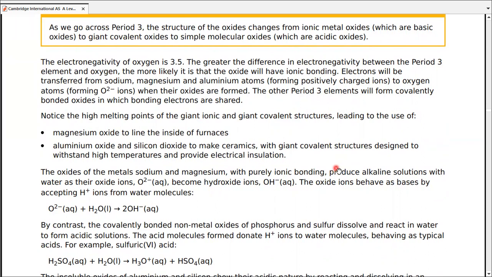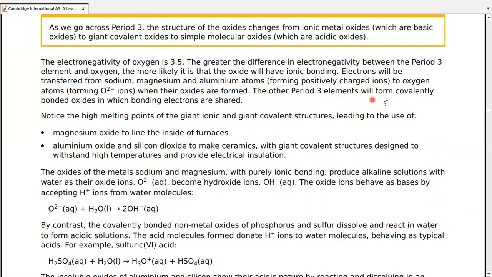If the difference is big, we can easily assume a metal and a non-metal to have an ionic bond. Electrons will be transferred from sodium, magnesium and aluminum atoms to form cations, and oxygen will form an anion, O2-. That's how their oxides are formed, and that's how ionic lattices form.